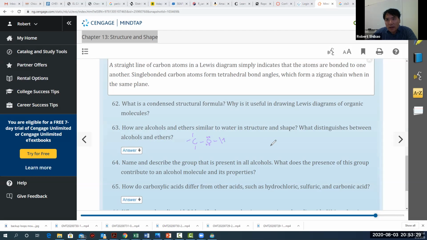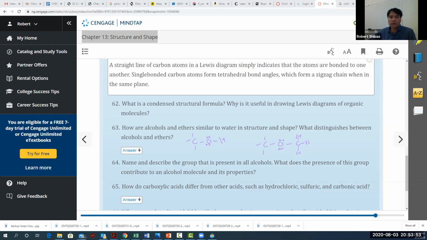An ether is going to have a C-O-C link. These carbons are going to be bonded to other things, and there's going to be two lone pairs on the oxygen. So they're both tetrahedral EPG, the oxygen is, and they're both bent MG. And so in that way, they're very similar in terms of the structure.